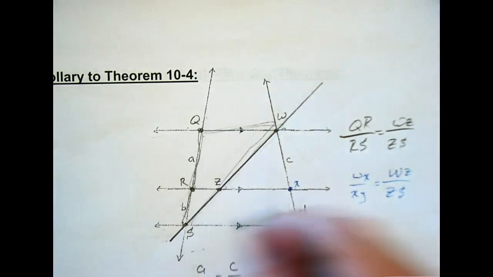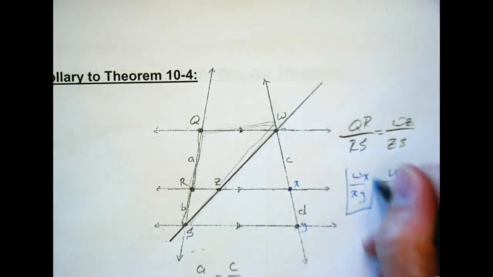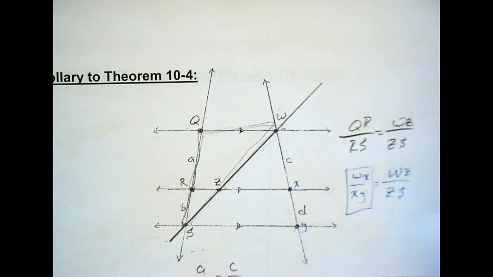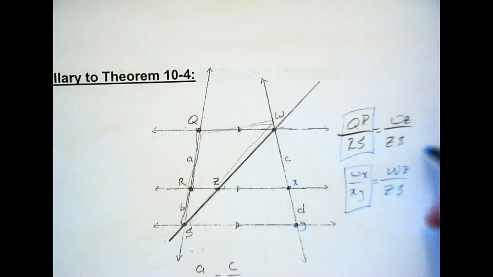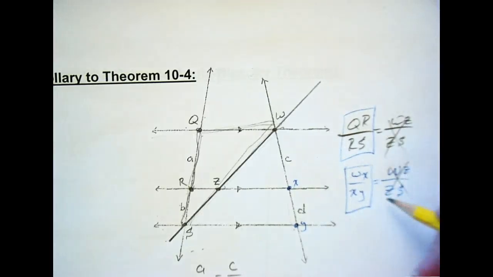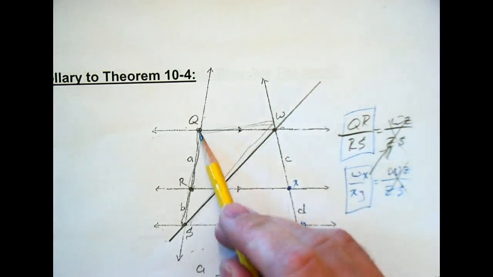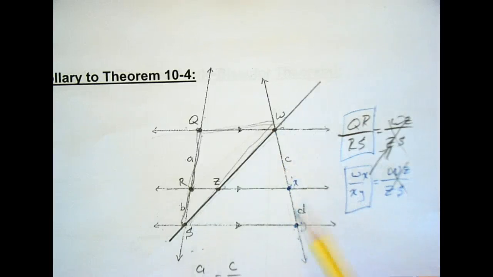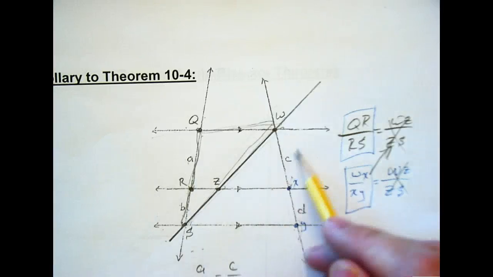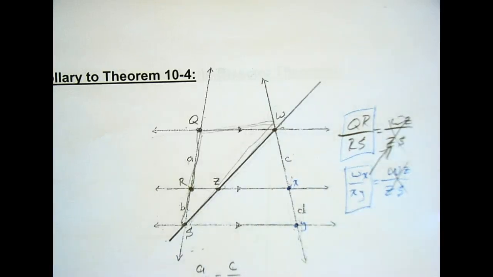By substitution, that is equal to that because these two things are the same. We substitute this piece in up there. That means QR is to RS as WX is to XY. Pretty neato, right? A is to B as C is to D. Okay. How many got it?